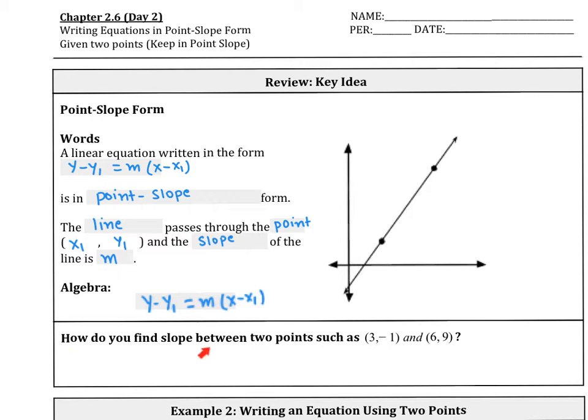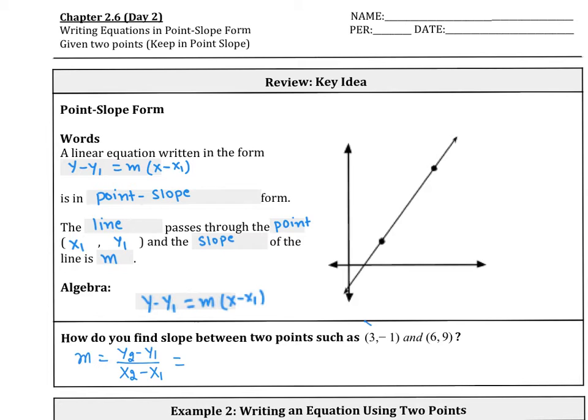How do you find the slope between 2 points such as (3, -1) and (6, 9)? We have done these types of problems in the past, where the slope can be found with the formula m equals y2 minus y1 divided by x2 minus x1.